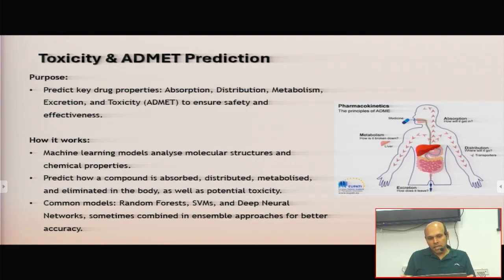So toxicity estimate prediction, again, I don't need to tell you what all this is: absorption, distribution, metabolism, excretion, and toxicity to ensure safety. You can't have a drug in your body all the time. It has to be excreted. A certain half-life needs to be there.